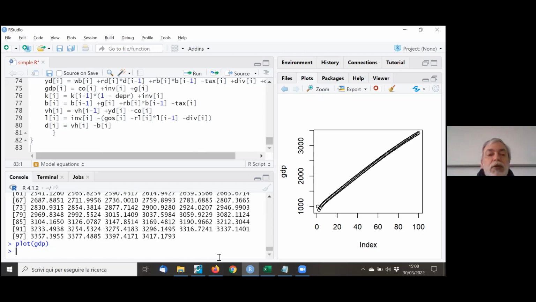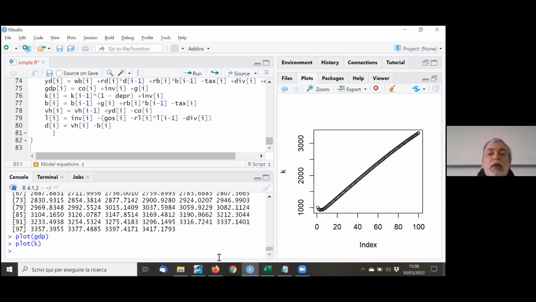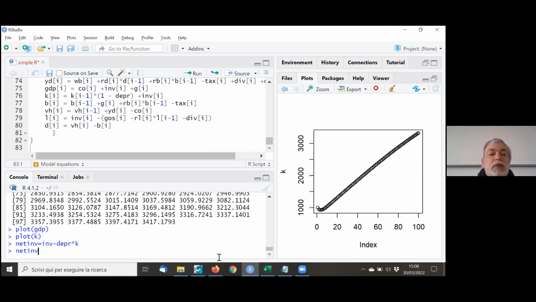And what about K? So K is not converging to a stable value. So it must be the case that what I call net investment, equal to investment less depreciation, is not converging to zero.